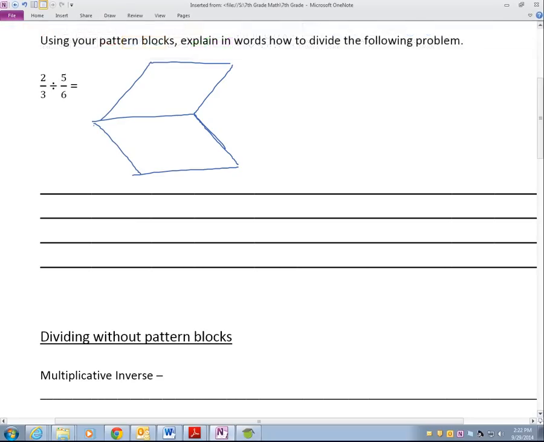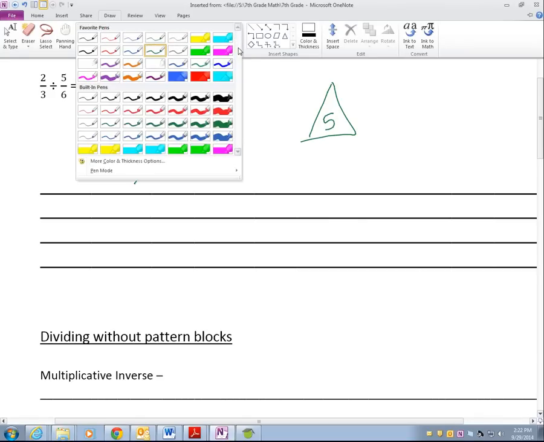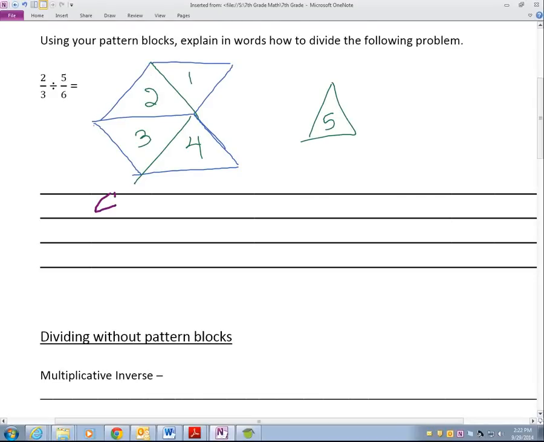The way that you could draw that on yours is you go here, you have 1, 2, 3, 4. Then the fifth one is over here. That's the sad one, 5. And you're going to write this: 4 of the 5/6 fit.